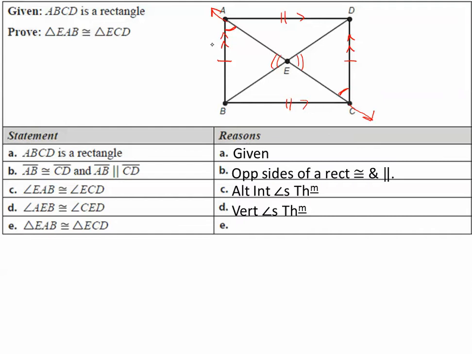So let's look at what they're talking about here. Let me get my highlighter instead of using my red pen. Okay, so I have to identify my triangles here because that'll help me. Okay, they're saying that these two triangles are congruent. So, how do I know that? Well, let's look at what I've proven.